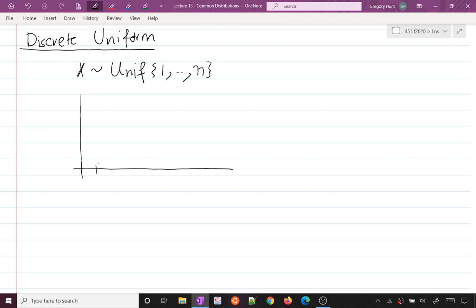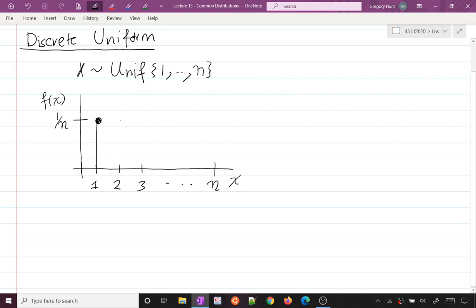So this is a discrete distribution, as the name implies. And if we look at a graph of the PMF, f_X against x, it would look something like this. Our support is the numbers 1, 2, 3, all the way up to n. And at each of these values, we'll take on the value of 1 over n.